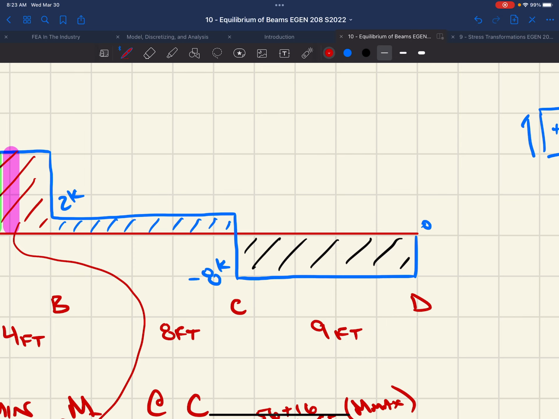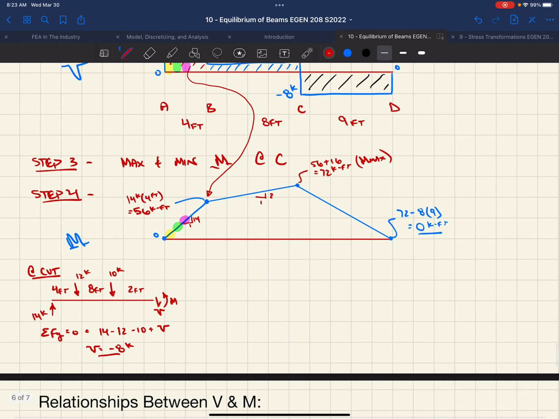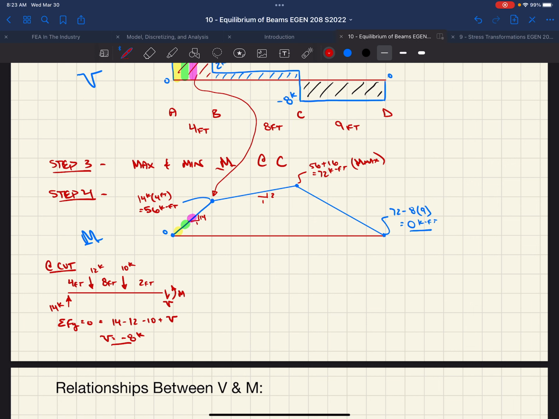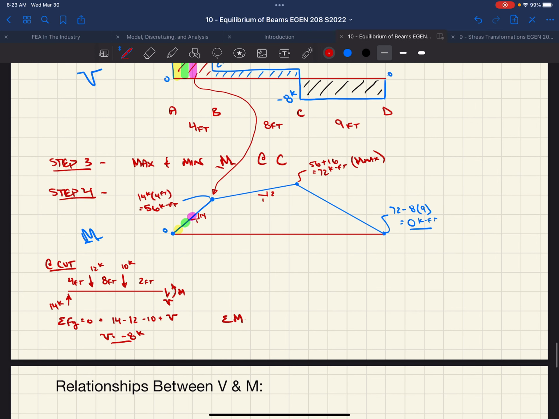Similarly, we do the same with summing the moments. All right, we can sum moments about our cut equals 0. Well, we have our reaction at A, that's 14 kips times 14 feet minus 12 times 10 minus 10 times 2 plus the moment.